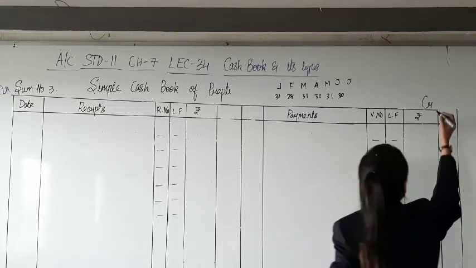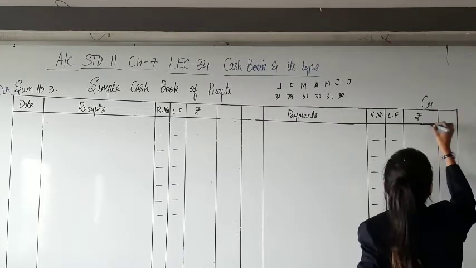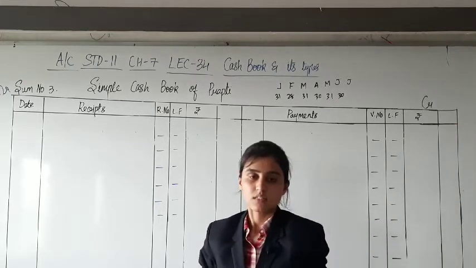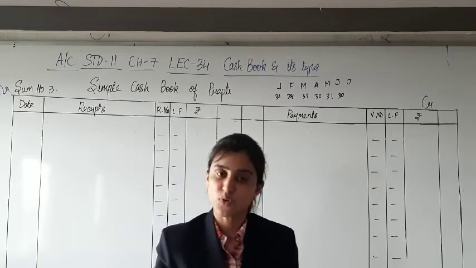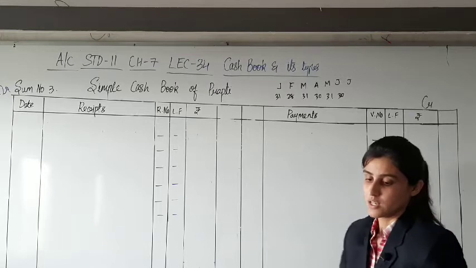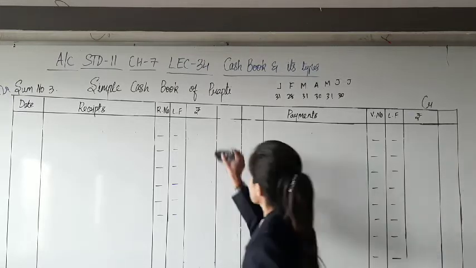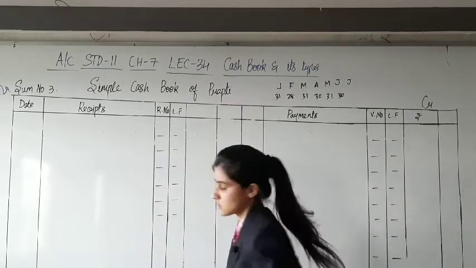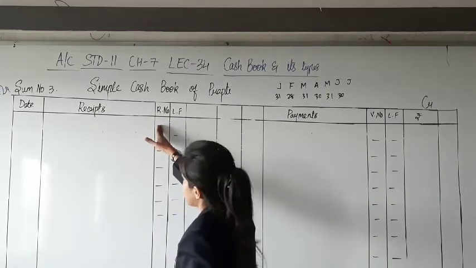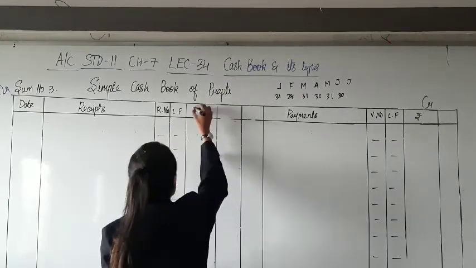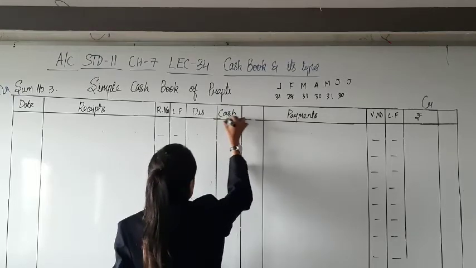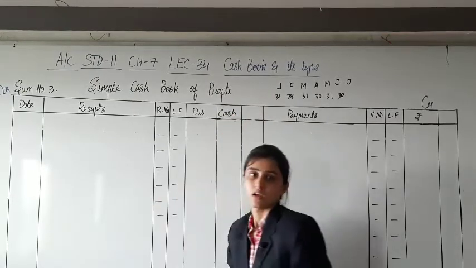So as I said, two columns for amount each side, that is done. One is for discount and another one is for cash. So let me write down. Date, receipts, receipt number, LF, discount, cash.